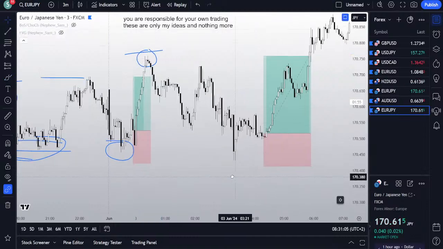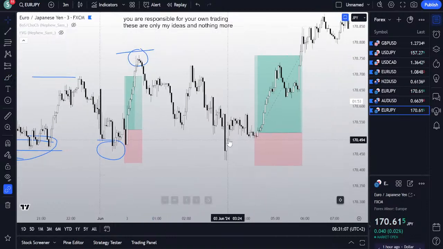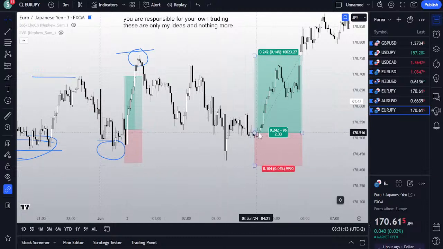And yeah, so eventually we get back to the power level, rejection, same story, engulfing here, small, but look at the time, it's normal, right?